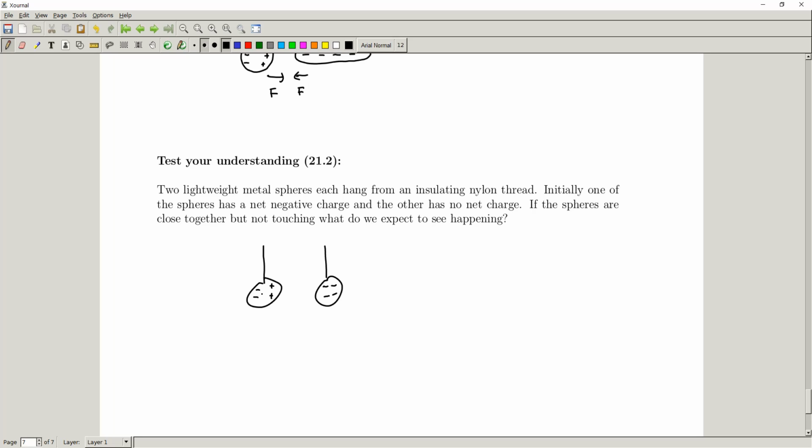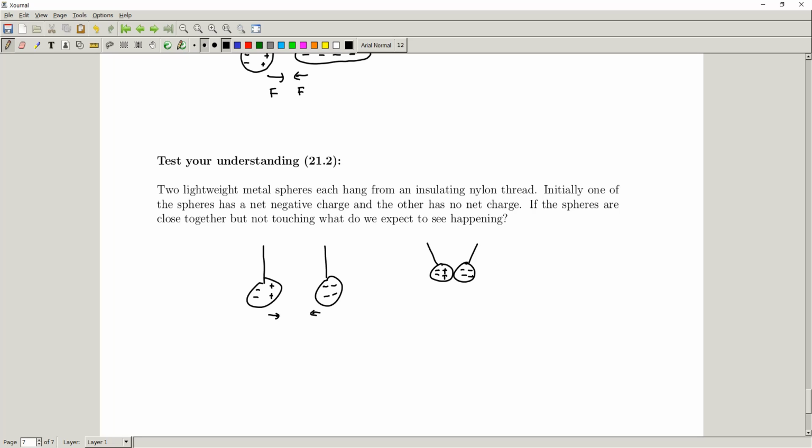So when this happens, what do we end up seeing? Well, we're going to have a net attractive force. So some short time later, we're going to end up with the two of these touching. And when they finally do touch, what's going to happen? Well, both of these are made of conducting materials.